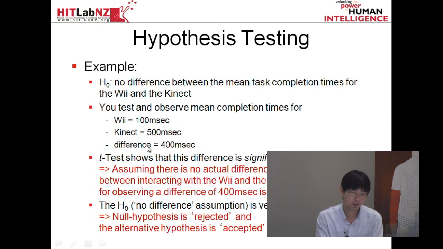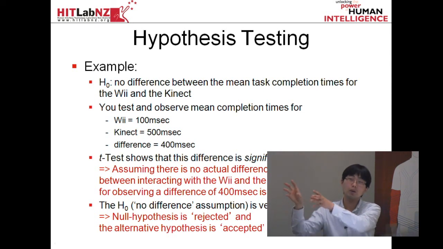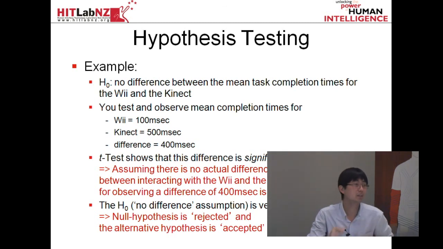And you can say the time difference between the two interfaces was 400 milliseconds on average. But to say if this 400 milliseconds of difference is statistically true and not by chance of sampling a certain group of people from the population, you run a statistical test.